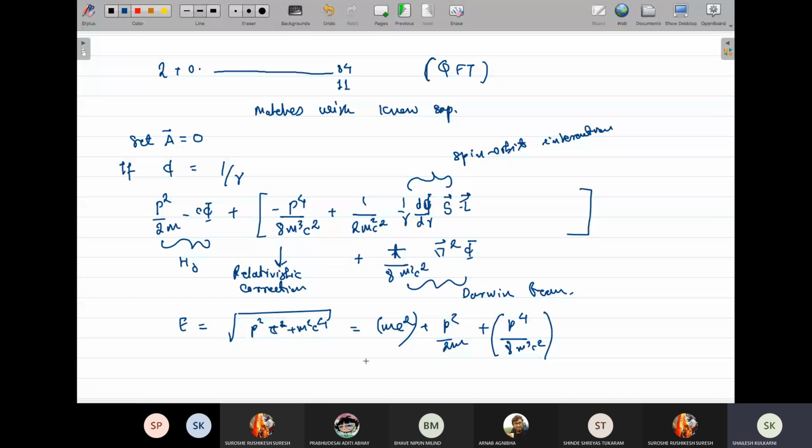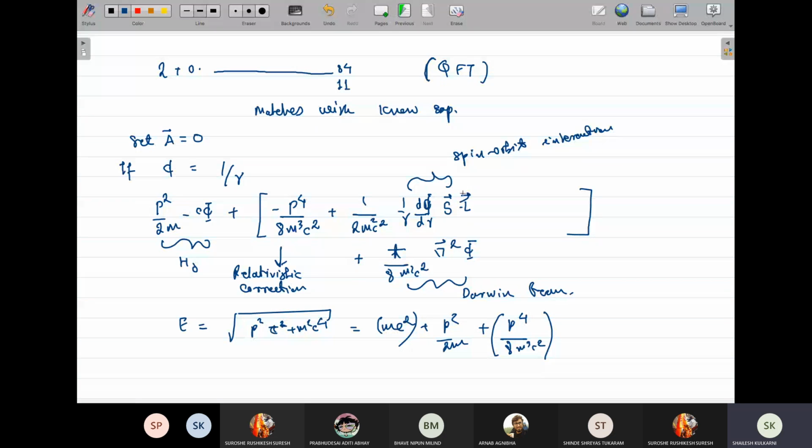I can change my energy scale. So this H0 will contain this term together with this 1 over R. The next term is basically coming from the expansion of the square root, roughly. These two are due to the presence of spin in the Dirac equation.